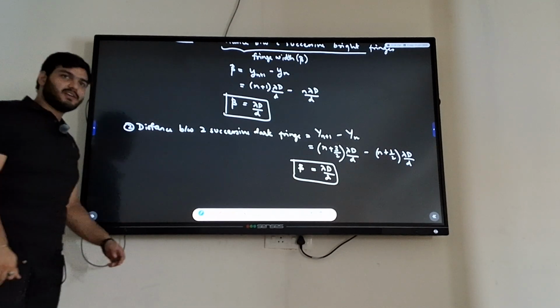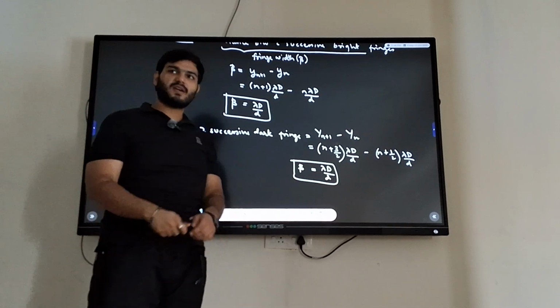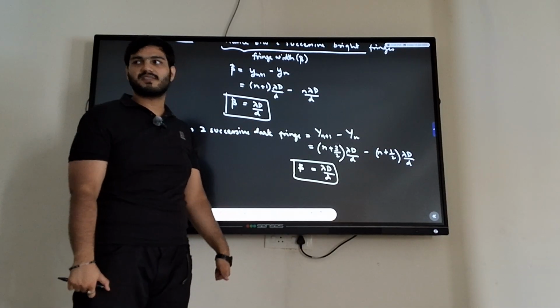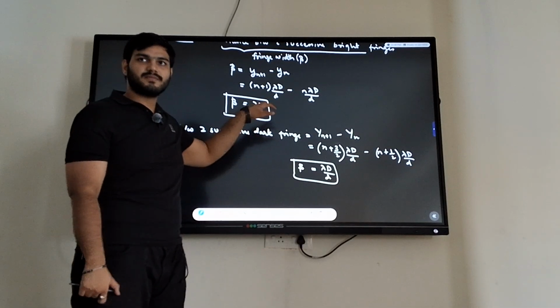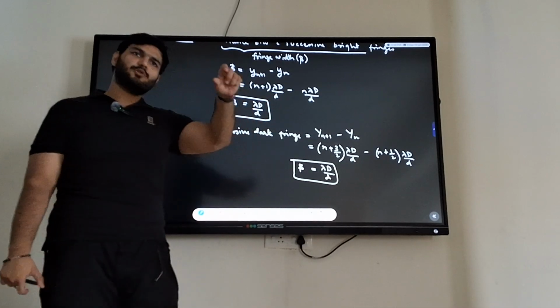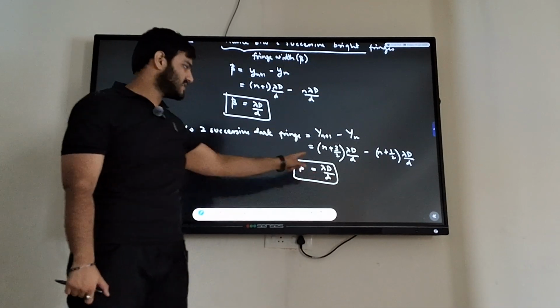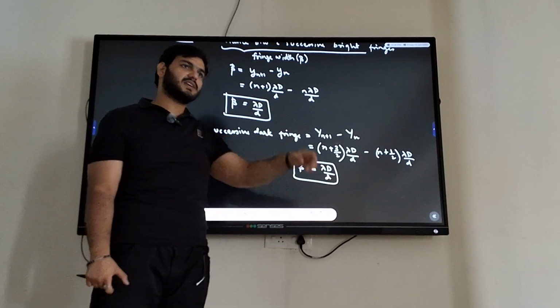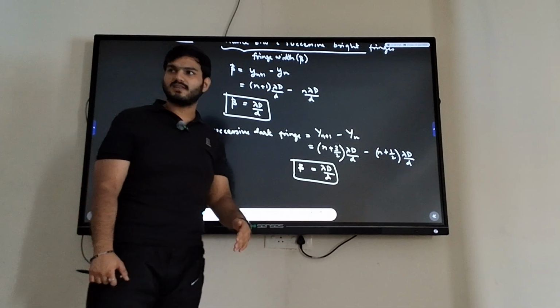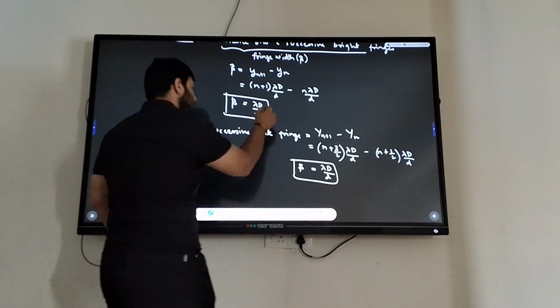Can you see that for a specific experiment, if you have set up everything, small d, capital D, lambda, if you have chosen those things, then this becomes a constant? And this is the distance between any two bright fringes, and this is the distance between any two dark fringes. So aren't these equispaced? Yes, they are equispaced.